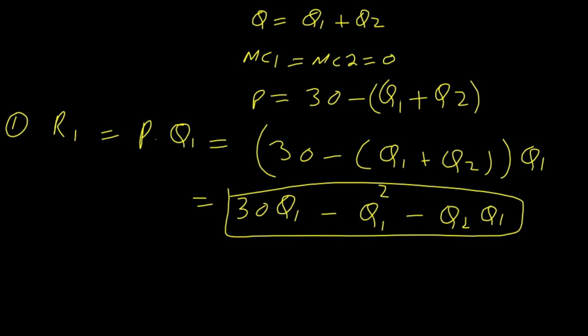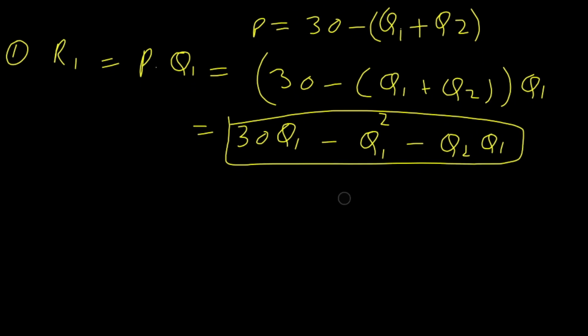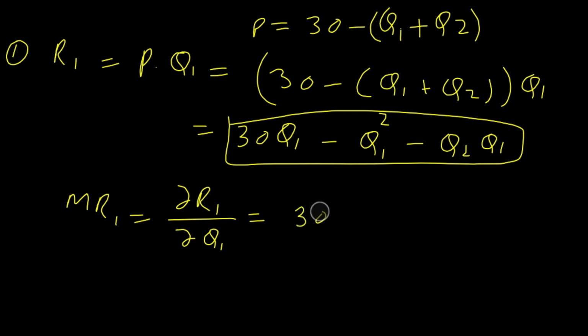Now we have to find the reaction function of firm 1. For that we have to find the marginal revenue of firm 1, which is the partial derivative of the revenue of the first firm with respect to Q1, and marginal revenue will be equal to 30 minus 2Q1 minus Q2.